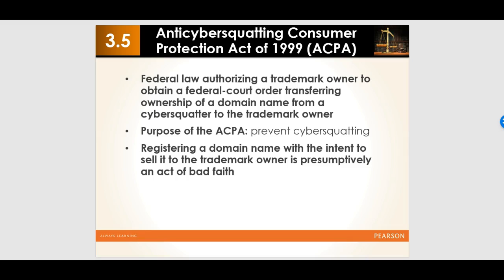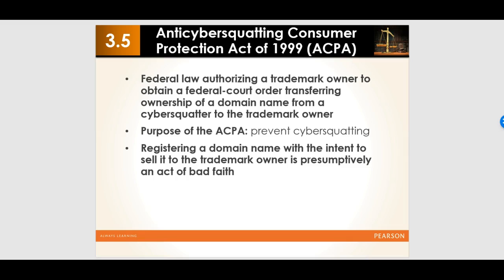And a lot of countries, including Canada and the US, have adopted those rules in order to allow trademark owners to seek ownership of a domain name that was a victim of a cybersquatter. So it is called the Uniform Domain Name Dispute Resolution Policy, the UDRP. This one is from the WIPO, the World Intellectual Property Organization, and several countries have adopted them.